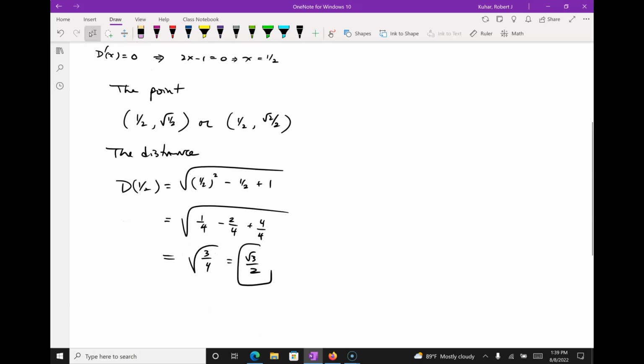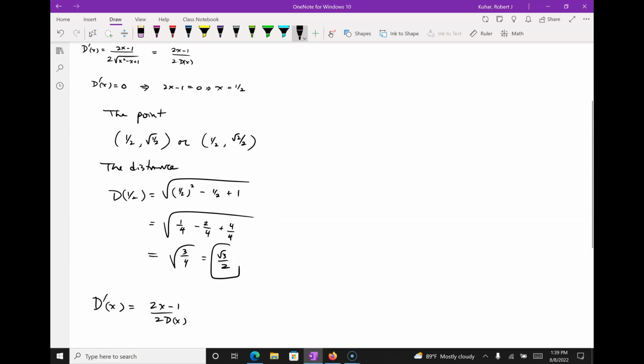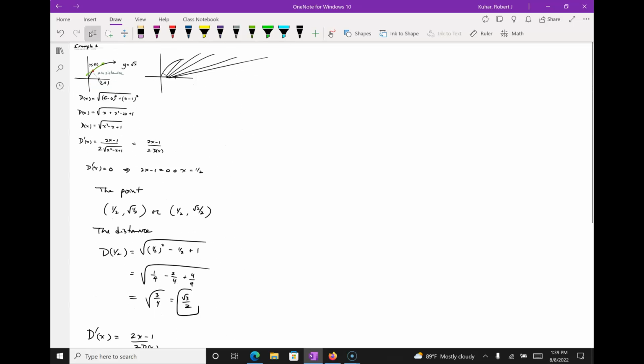Now, when I do my d double prime, I'm going to use this version every time. So I got d prime as 2x over 2 times d. And I'm going to use a quotient rule to get, is everybody okay? Don't let me go too fast here. Slower.